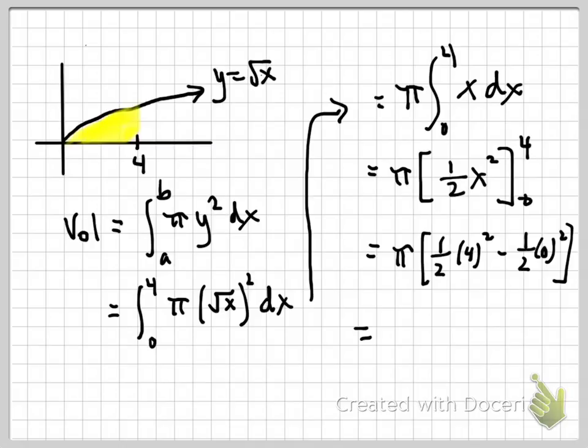Half of that would be 8. Our answer would be 8 pi units cubed, because that would be the volume of our thimble. And so that's how we find a volume of revolution, by taking an equation and revolving it around the x-axis over a certain domain.